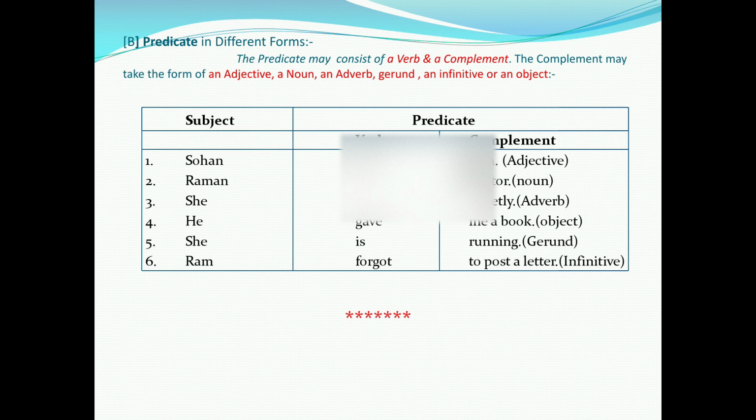Let's take another example. Raman is doctor. Here Raman is subject, is doctor is a predicate. In the predicate, is is the verb and complement is doctor. Let's take another example. She sings sweetly. She is subject, sings sweetly is predicate.